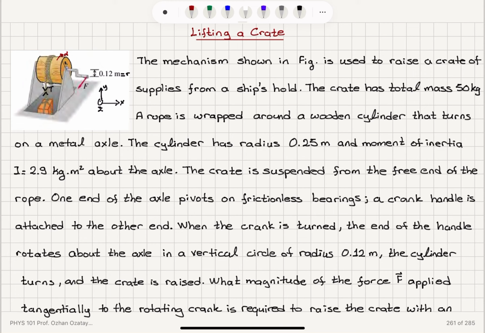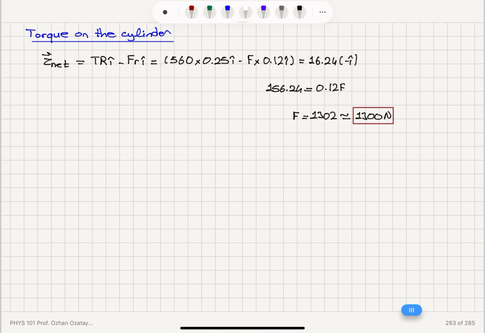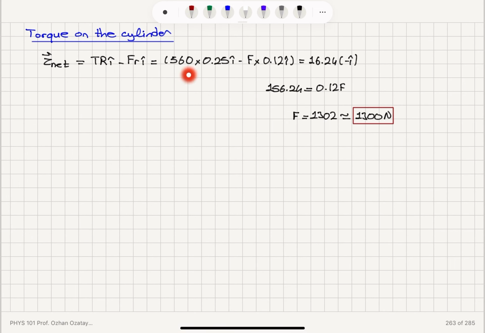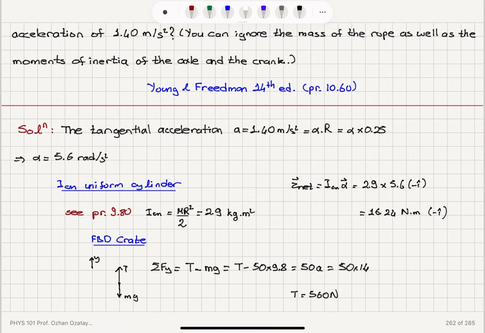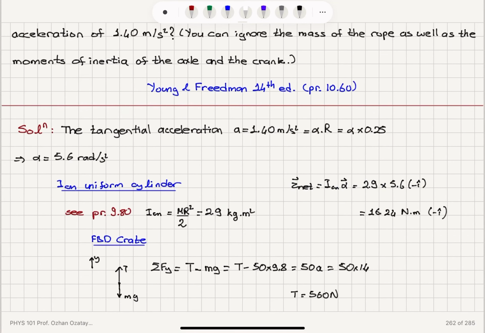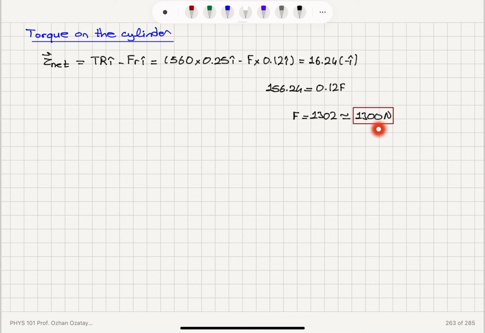Using the right hand rule, I point from the pivot to the application point of the force, curl my four fingers towards the force, and the thumb points in the minus i hat direction. So this should be equal to the net torque that I calculate, I alpha. From this equation, I can isolate F, and the end result is 1302. Then I was careful about significant figures. The minimum number of significant figures I have is 2, so this should be rounded to 1300 newtons as the final answer.